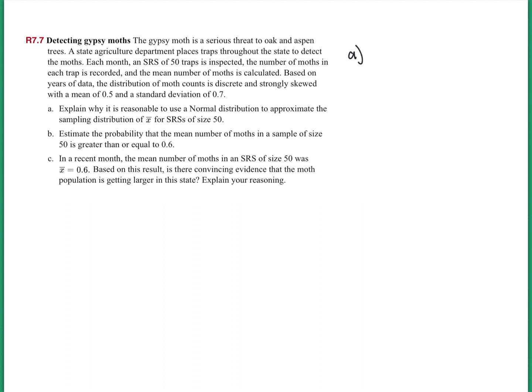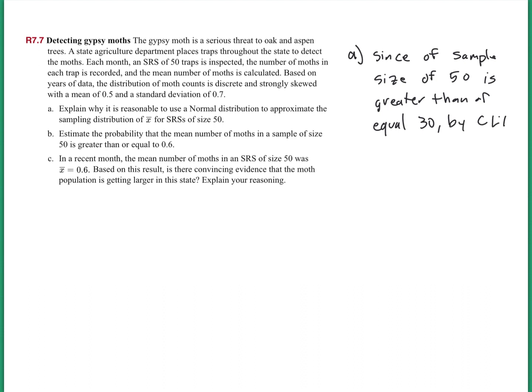Really, it's just that our sample size of 50 is greater than or equal to 30, so by the central limit theorem, the sampling distribution of sample means will be approximately normal. Okay, something like that.